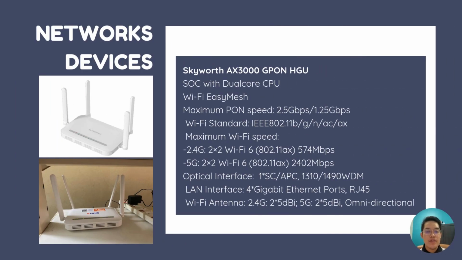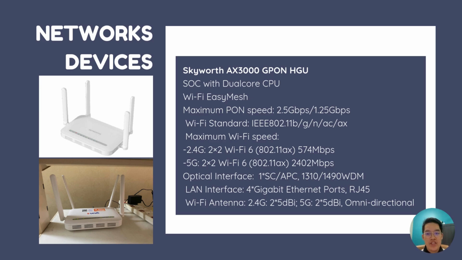Okay, so for the network device, they are using the Skyworth AX3000 GPON HGU with a system on chip with dual core CPU. It also has Wi-Fi Easy Mesh with the maximum PON speed of 2.5 Gbps and 1.25 Gbps. The Wi-Fi standard is IEEE 802.11b/g/n/ac and ax.